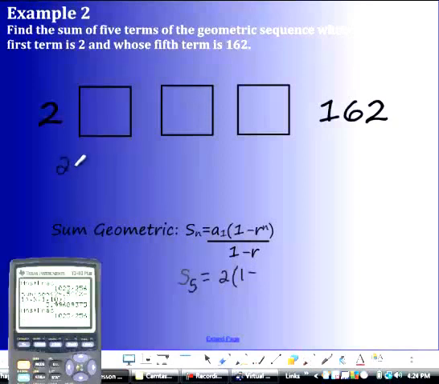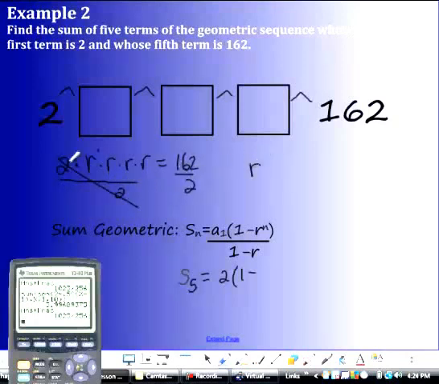Up here, 2 got multiplied by 1, 2, 3, 4 r's, and that got me 162. All right, divide by 2. 4 r's is really r to the 4th, so that is 81.